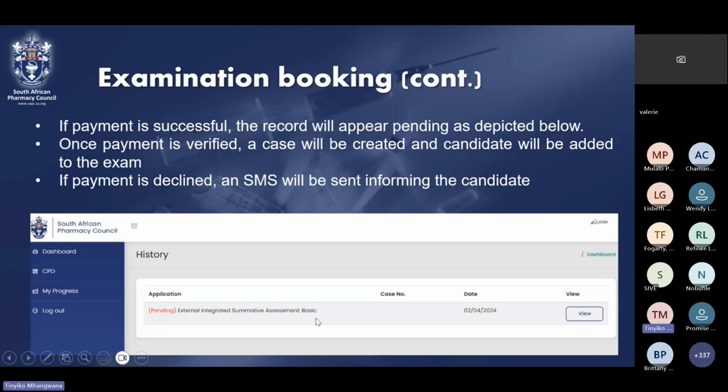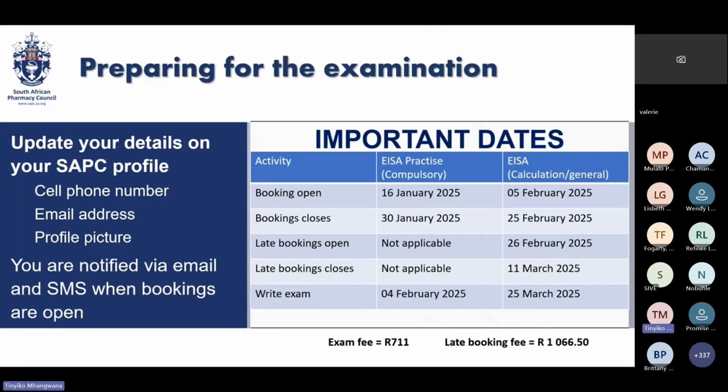It will not have created a case yet, because the money that you have deposited must first reflect on our side so that they can allocate it to you. As soon as it is allocated, a case will be registered against you. If you have reached this step and you don't have sufficient money, an SMS will be sent to you.